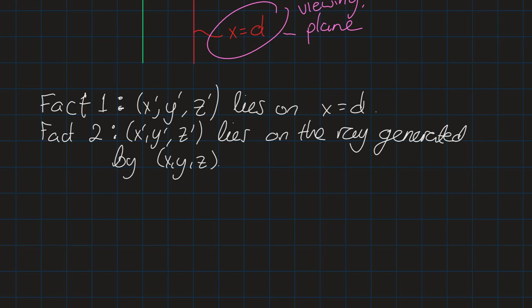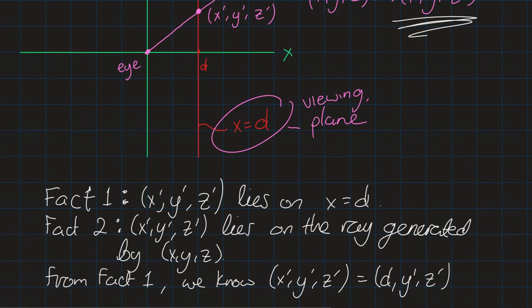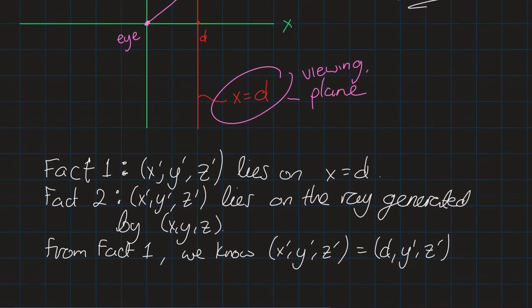Now, what can we deduce? From fact number one, we know that x prime, y prime, z prime has to be equal to d, y prime, z prime. Another way of saying this is that x prime has to be equal to d, because the x coordinate has to be d. It lies on the x equals d plane.